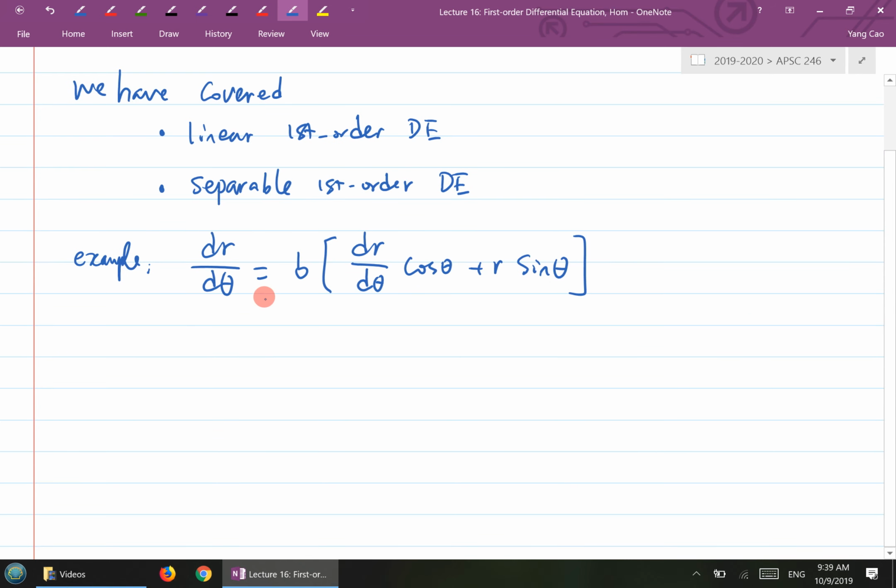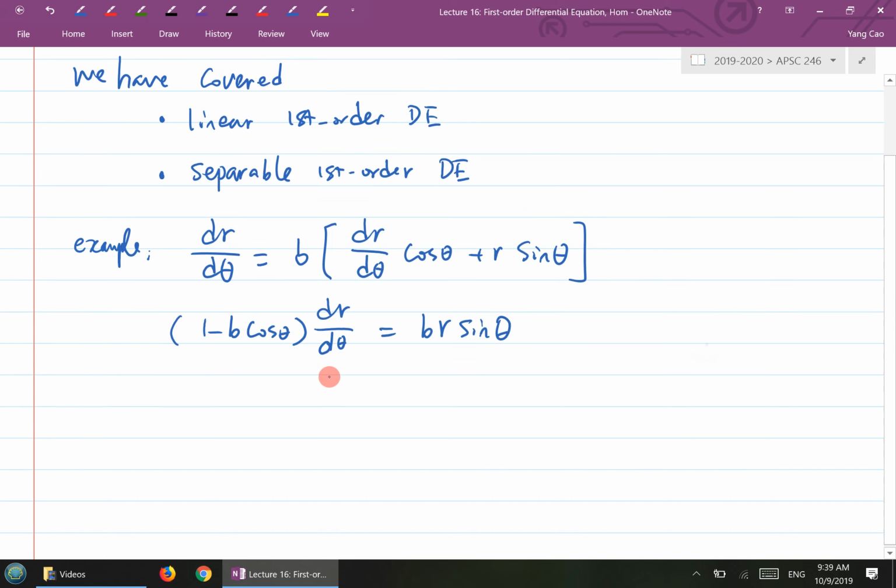We can do a little bit of simplification, because you have dr d theta on both sides of the equation. So we can move all the dr d theta to one side and group them. If you move this term to the left side, you have (1 minus b cosine theta) dr d theta equal to b times r times sine theta. That will be the simplification.